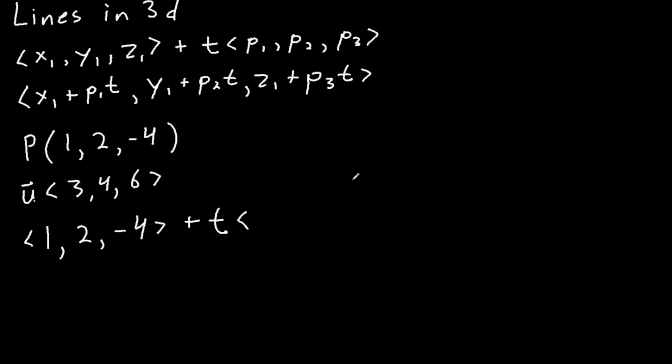And remember, this vector is parallel to the line. So any vector that is parallel to the line works. We could also use, I don't know, 6, 8, and 12, because we multiplied each of the values inside of this previous vector by 2. So any parallel vector works.